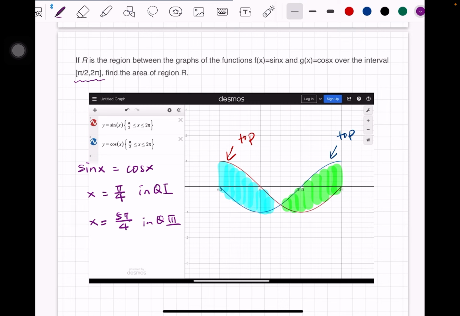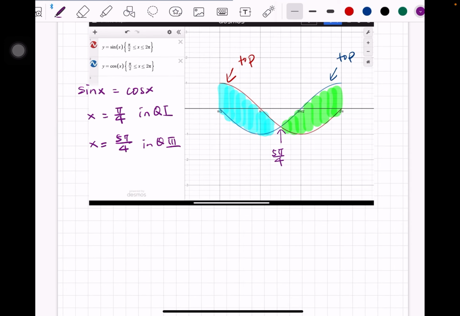In quadrant 2 and in quadrant 4, sine and cosine will have opposite signs. But since we are talking about pi over 2 to 2 pi, we are talking about quadrants 2, 3, and 4. So the two graphs will intersect at 5 pi over 4 in quadrant 3. So the area is going to be the first area plus the second area.